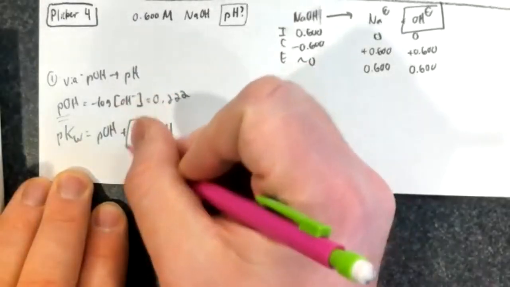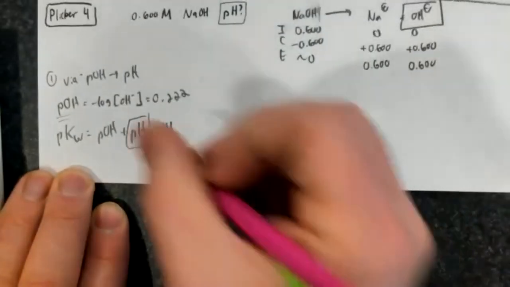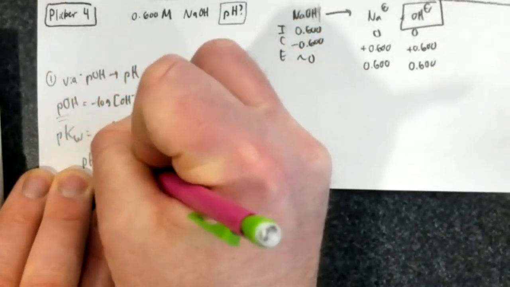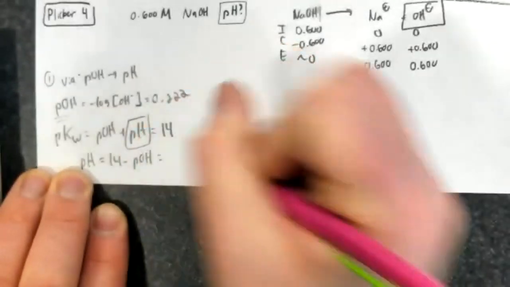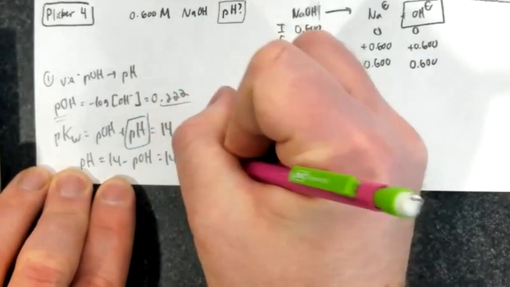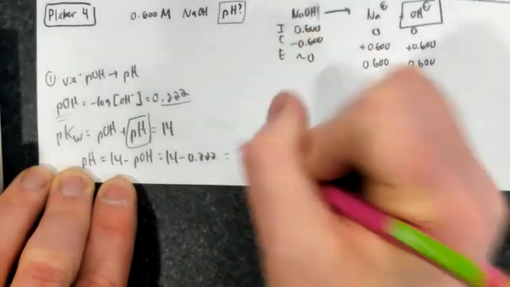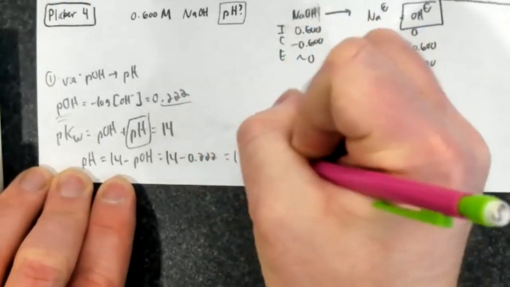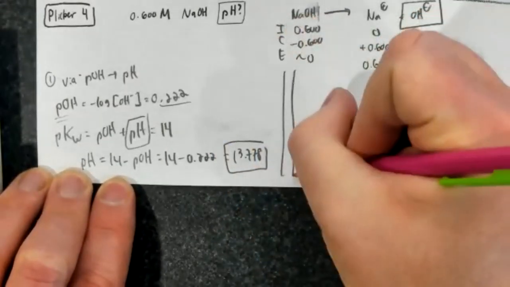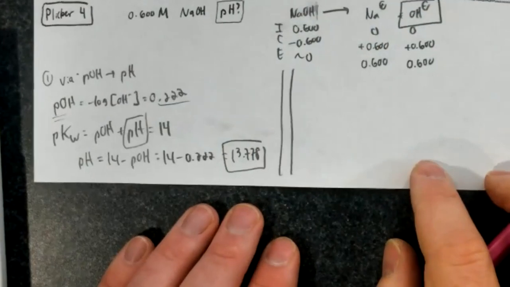If I'm interested in pH, I want to isolate that term. So pH is going to equal 14 minus pOH, and we just solved for the pOH previously. So 14 minus 0.222, my value equals 13.778. That is one way in which I could solve for the pH.